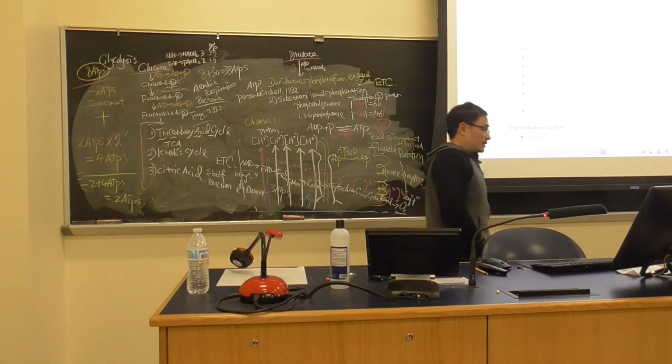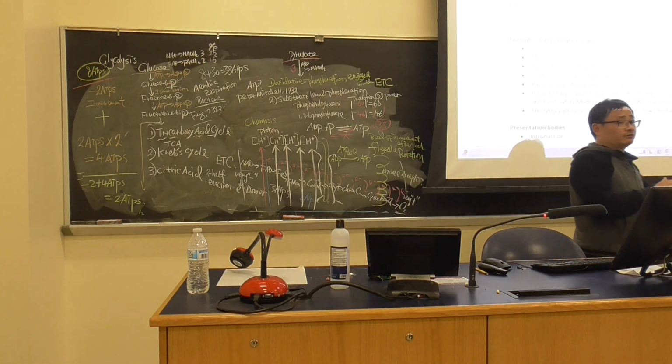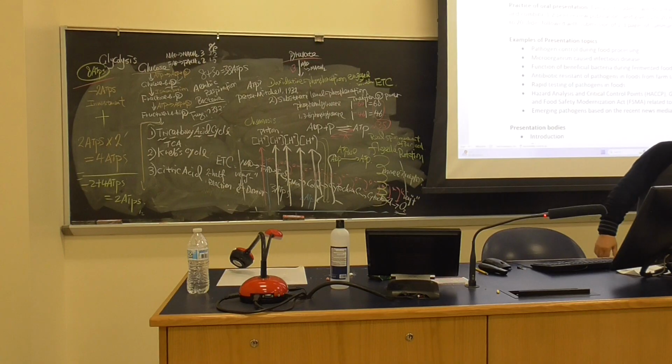So how to do it? Assuming all the students are here, you will be assigned to a group. We will do 2 to 3 students as a group. You may not know each other very well, but this is the time to get to know each other. That's the first step.